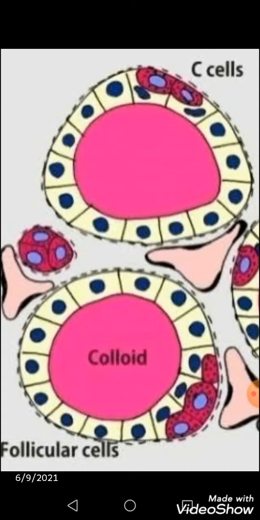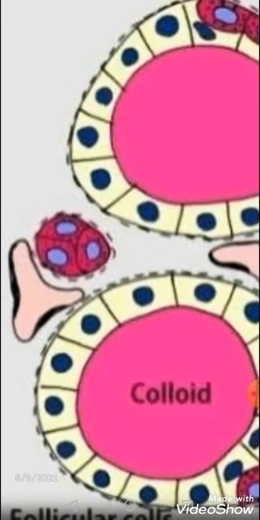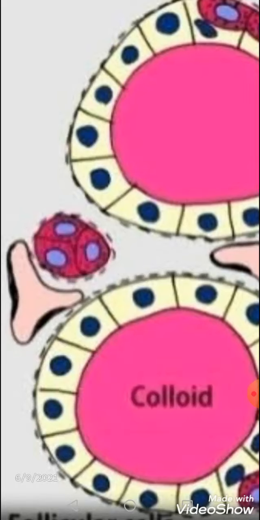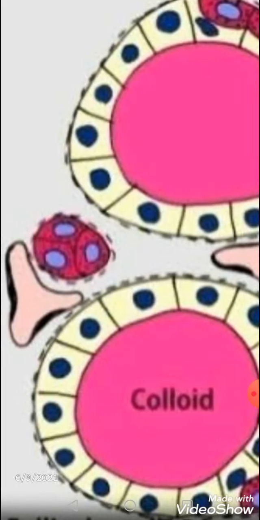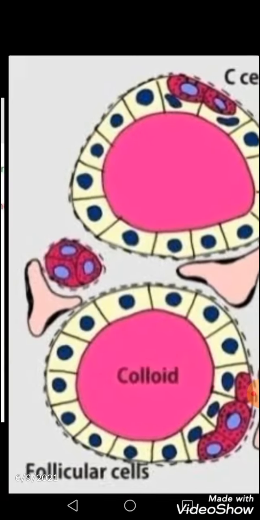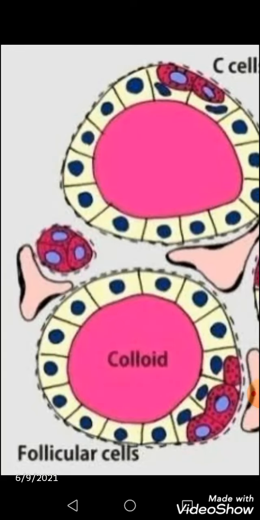So in this way they act as an antagonist to parathyroid hormone, and these calcitonin cells just respond to the high blood calcium level, so they are unaffected by the hypothalamus and pituitary gland, contrary to the follicular cells, which are under pituitary and hypothalamic control and produce T3 and T4, right?